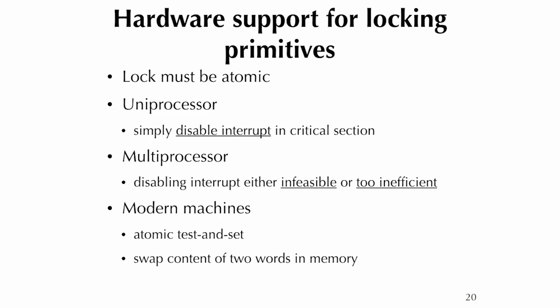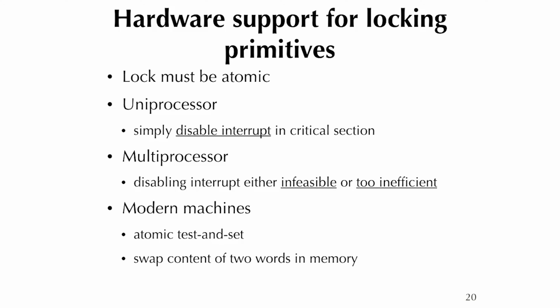On a uniprocessor, you can simply disable interrupts in the critical section and then re-enable them after you exit. On a multiprocessor, disabling interrupts can be infeasible or too inefficient. That is because it actually requires additional signaling to the other processors, and they may be in the middle of executing certain things, and flushing a pipeline can take a long time.